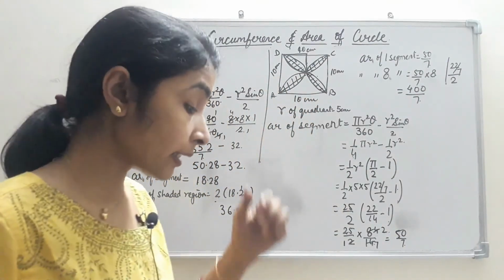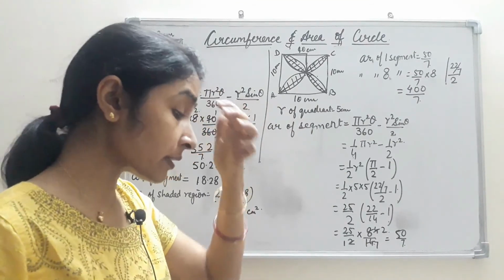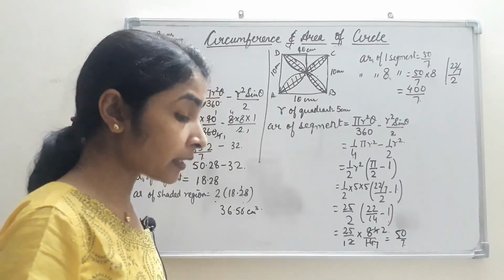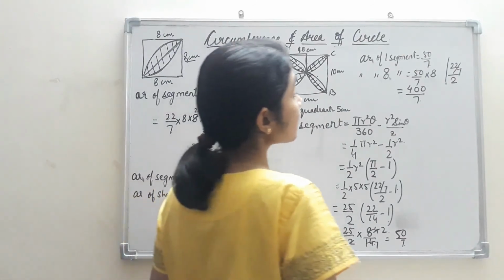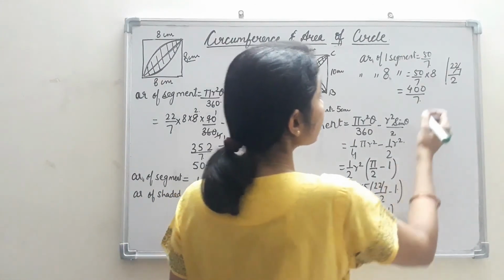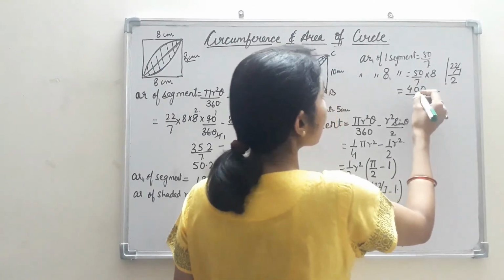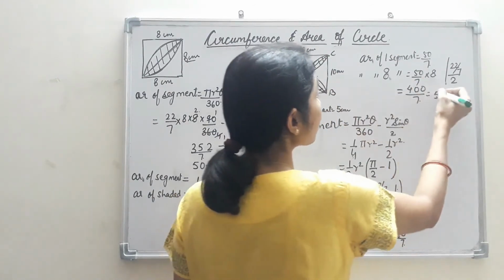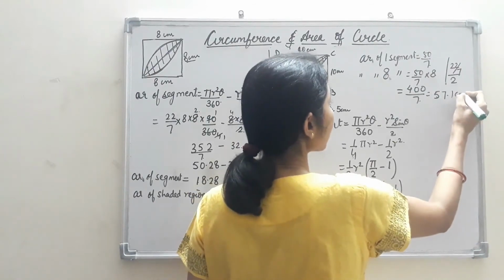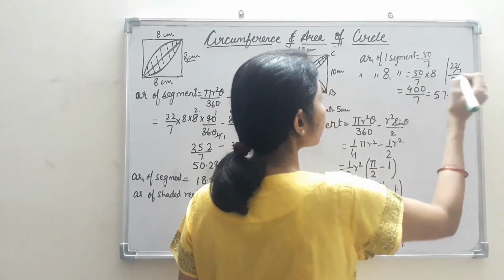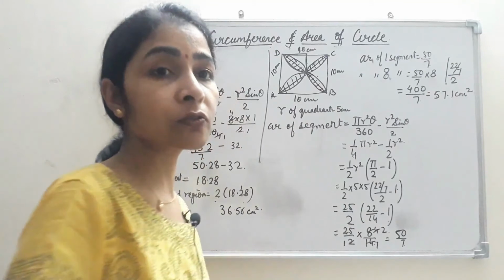That is the area of the shaded region, and that will be equal to how much? Let us see. 7 5s are 35. 5 0 we have got, so 57.1. So we can also write approximate as 57, or we can write 57.1 centimeter square.